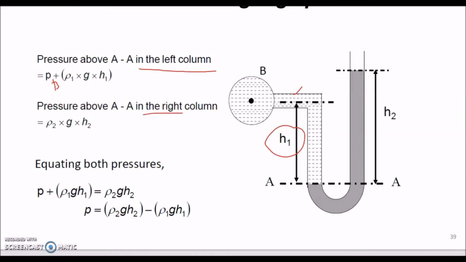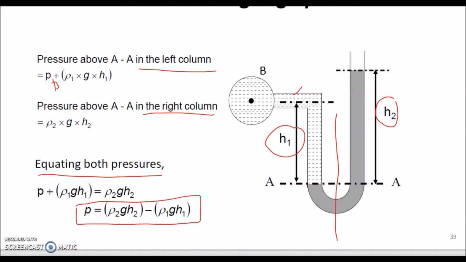For the right column, we have density 2 times gravity times height 2. Then we need to equate both pressures. So we get the pressure at point 2 minus the pressure at point 1, and we get the pressure at point B.